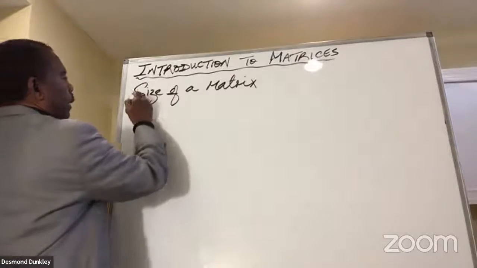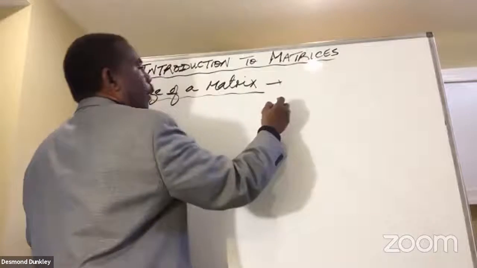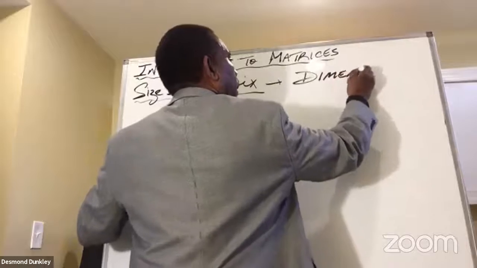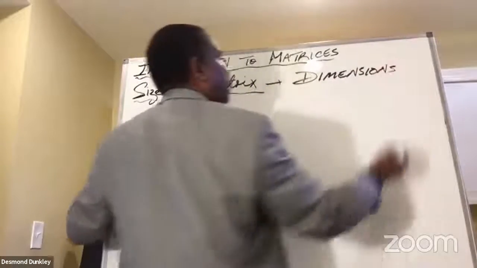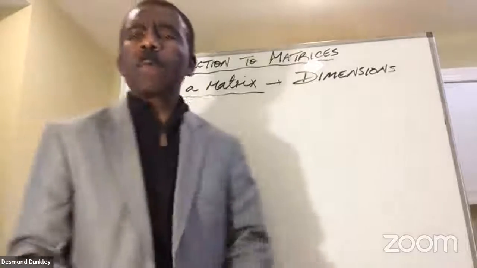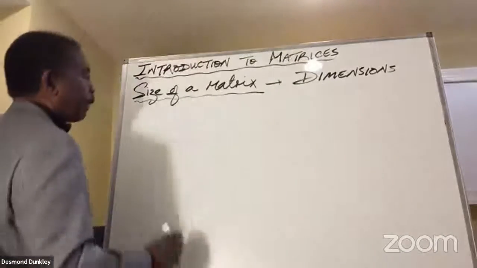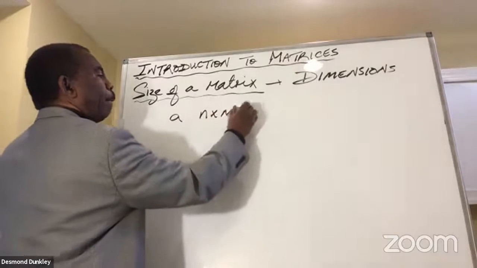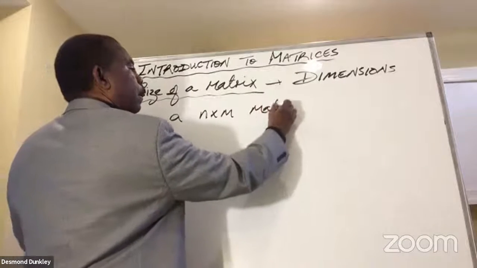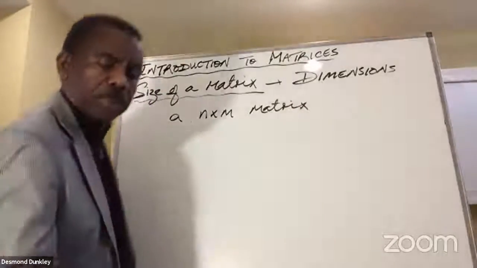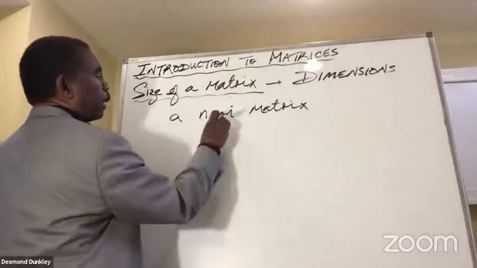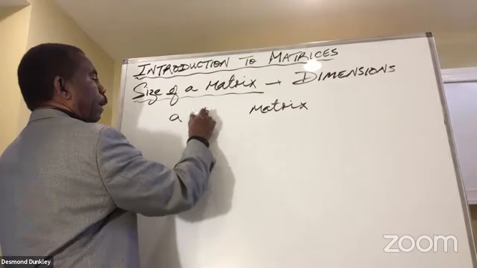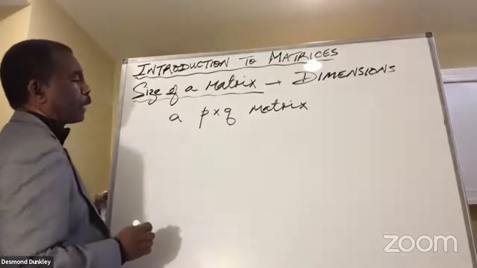So the size of a matrix. This talks about its dimensions. When you speak of the dimensions of a matrix, what you're talking about is, for example, an n by m matrix. Or let's use two other letters, say a p by q matrix.